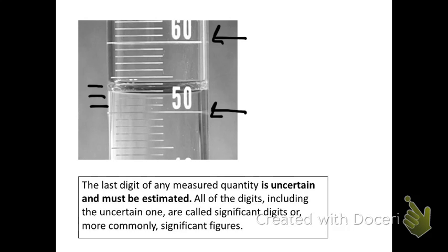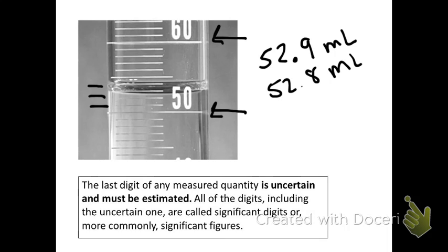So I'm going to say that it's 52.9 milliliters. Alright. Now, you might have said it was 52.8 milliliters, and that's okay. We should definitely agree on the 5 and the 2, because those should be certain digits.